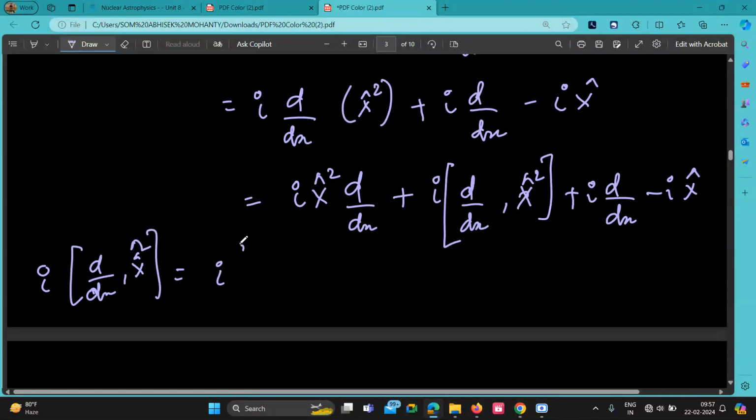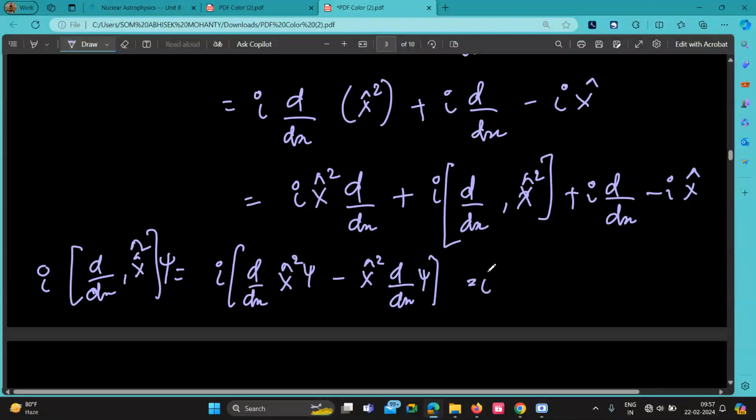If I open it, it will be d/dx of x² psi minus x² d/dx psi. That becomes i times 2x psi plus x² d psi/dx, minus x² d psi/dx.